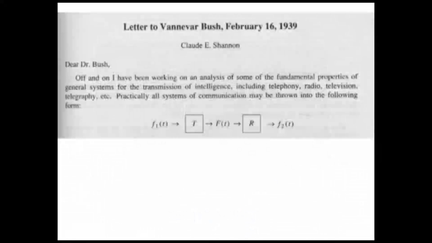But here's a letter that he wrote to Vannevar Bush, who essentially was his boss, the person who had recruited him to MIT. I think at some point he became provost or president of MIT, and then he was quite high up in the defense establishment during World War II.